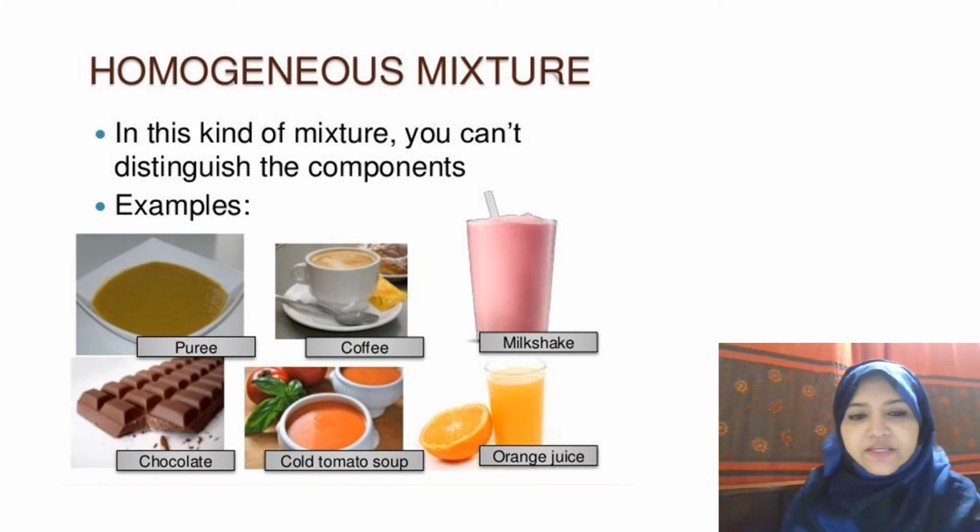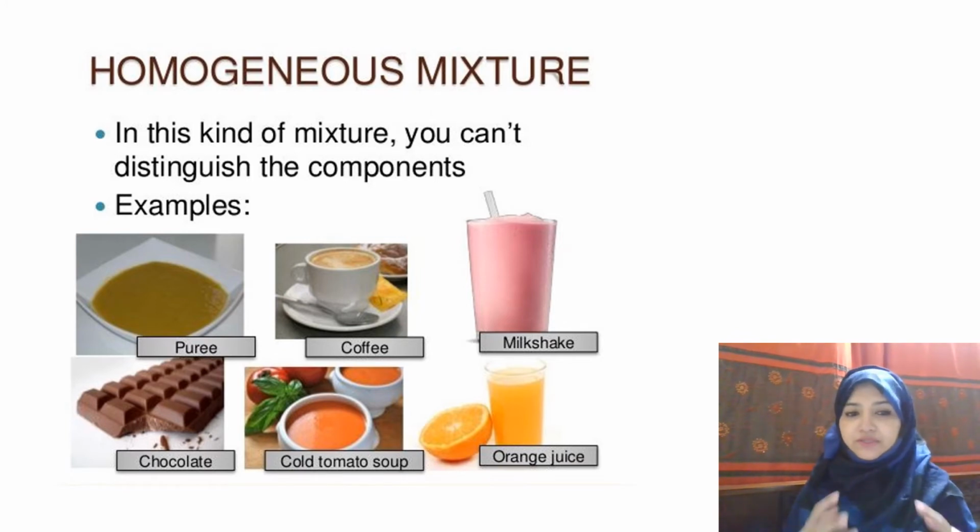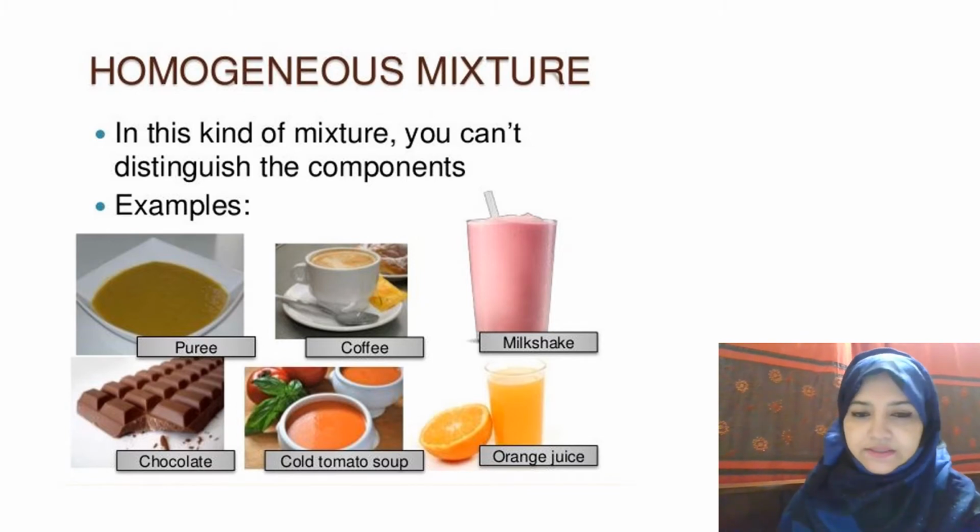That means in this type of mixture we cannot distinguish the components; they are distributed evenly in all places, and that's why they cannot be easily separated from one another. It can be separated but not easily.